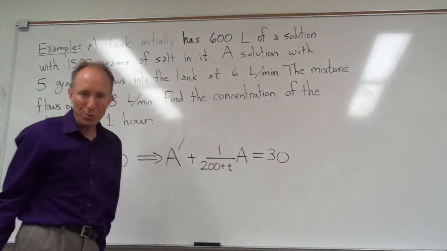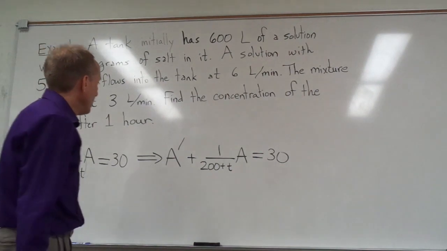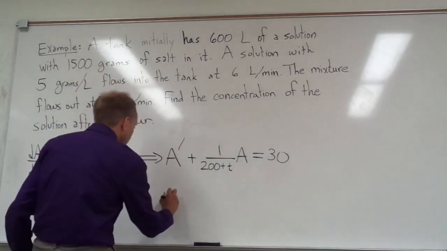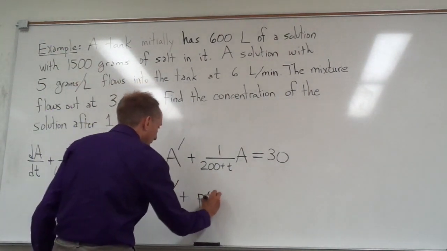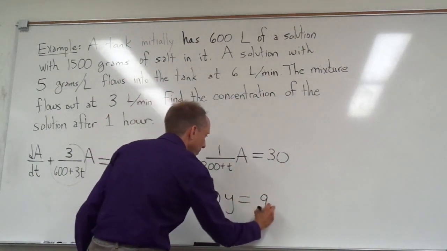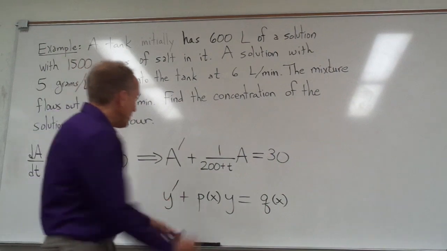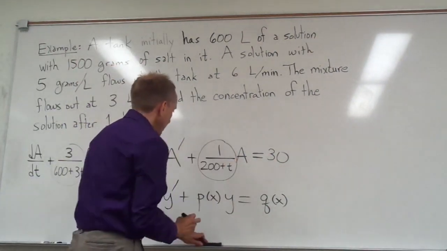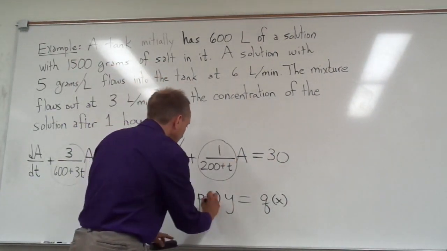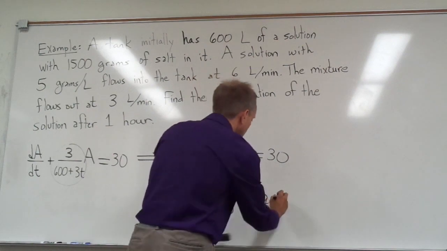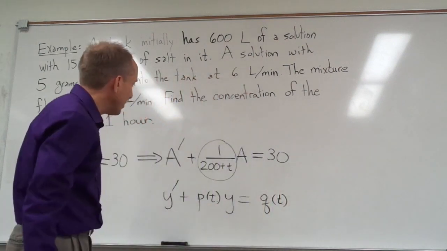This is what it would reduce to. Okay? So remember, my first order linear differential equation has this form right here. Okay? And so in this case, the P is really a function of T. So I'm not going to have an X here, I'm just going to have a T here.